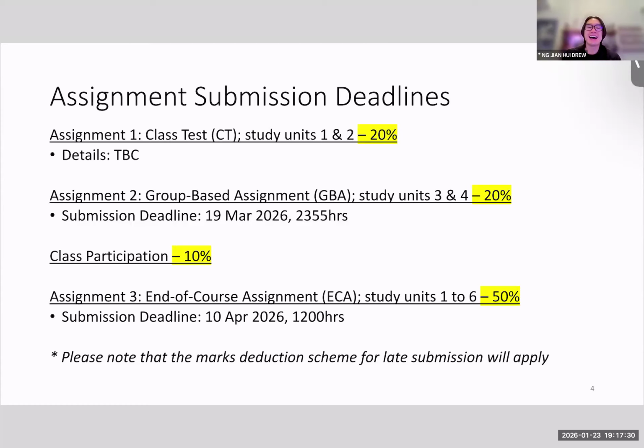Okay. Class participation. So normally I get asked this quite a bit. I think there are some students who have taken my previous courses before, and you probably know that for me, I like to be very transparent on how you score on class participation, right? So everyone, regardless of whether you attend lectures or you don't, would get 50%, which is 5% of your class participation marks.